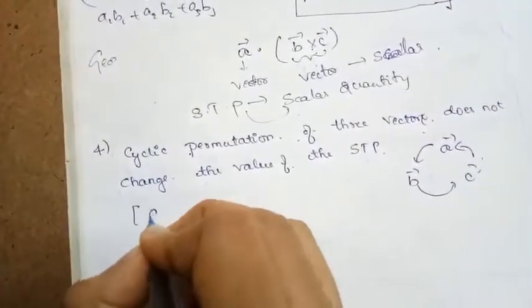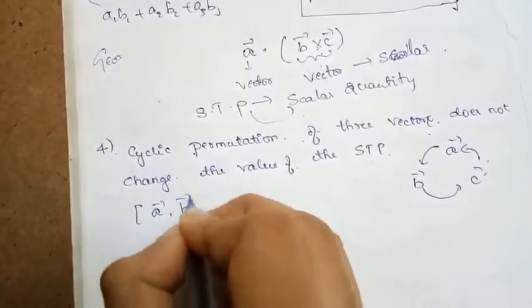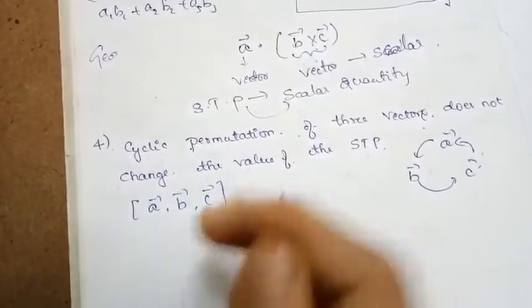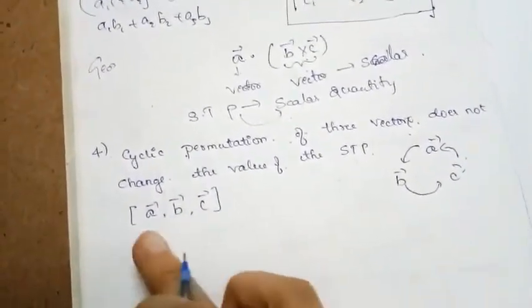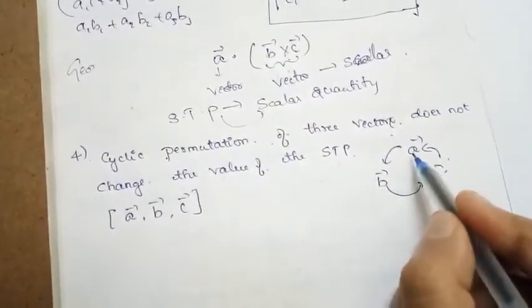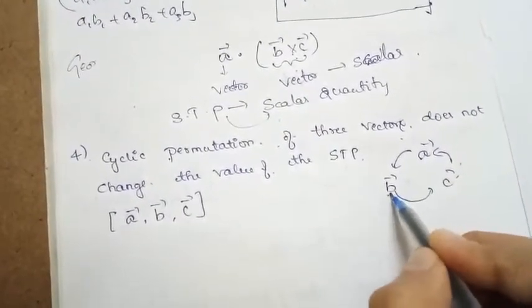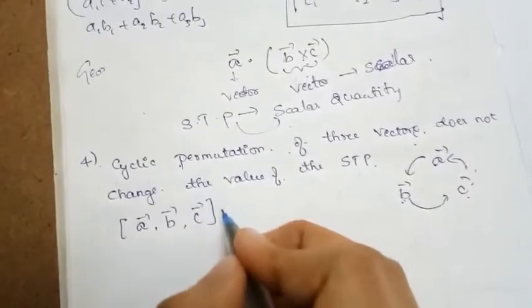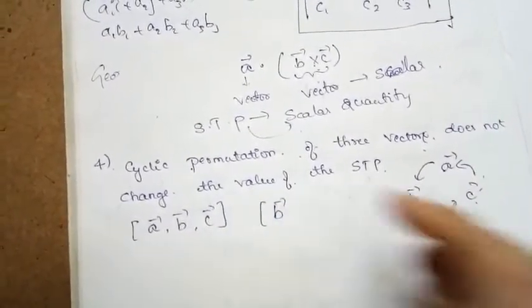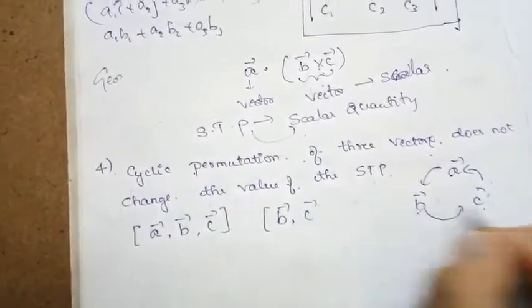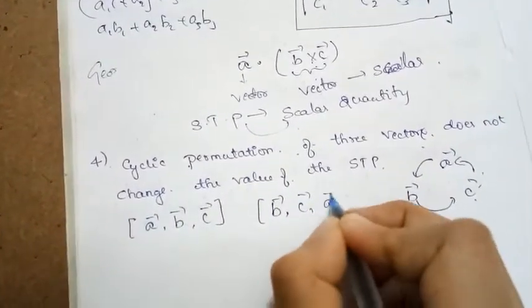So vector A, vector B, vector C is how we denote the scalar triple product. If I change this cyclically, where vector A comes after vector B, and vector B comes after vector C, suppose I write vector B, after vector B what comes? Vector C, after C vector A.